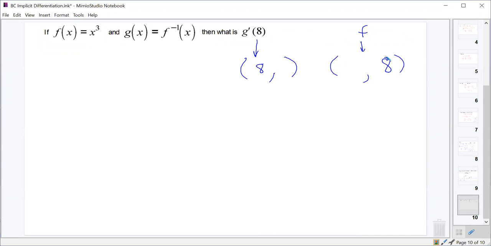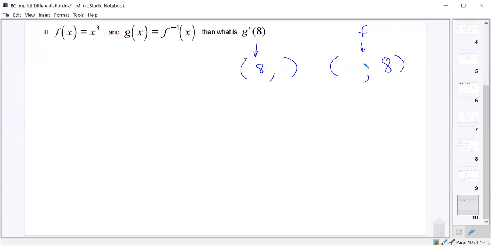Everybody agree with that? Okay, so if we want g prime of 8, it ought to be 1 over f prime of whatever this value is. So we need to figure out what that value is.